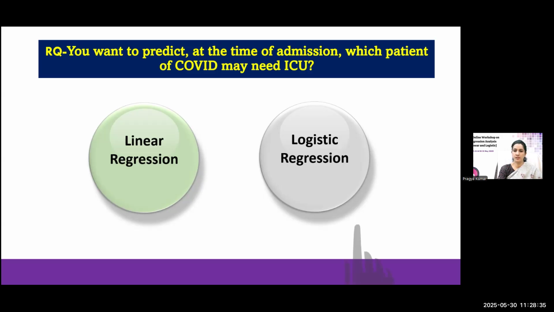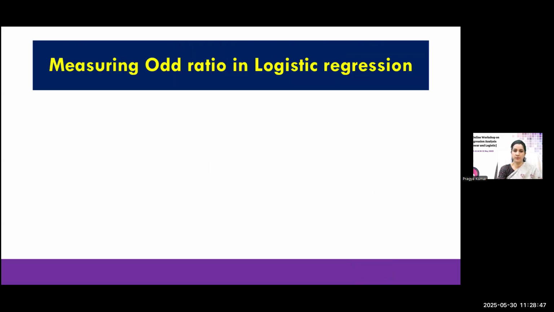Yes, logistic. Why? Because the dependent variable is categorical in nature, and to be more precise, it will be binary logistic, but I have not put that name.